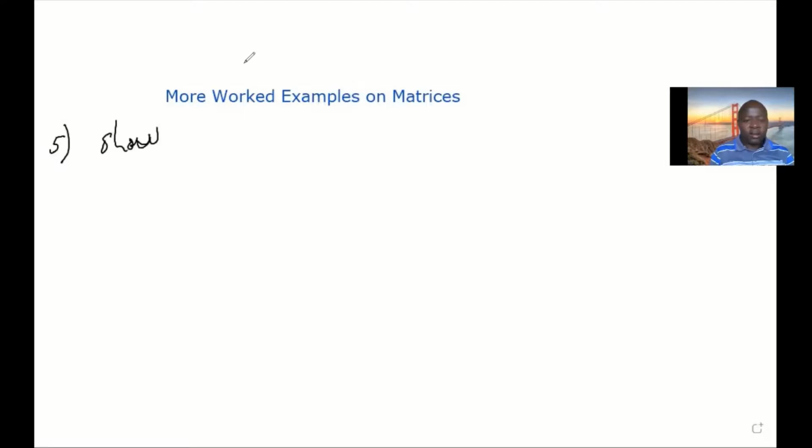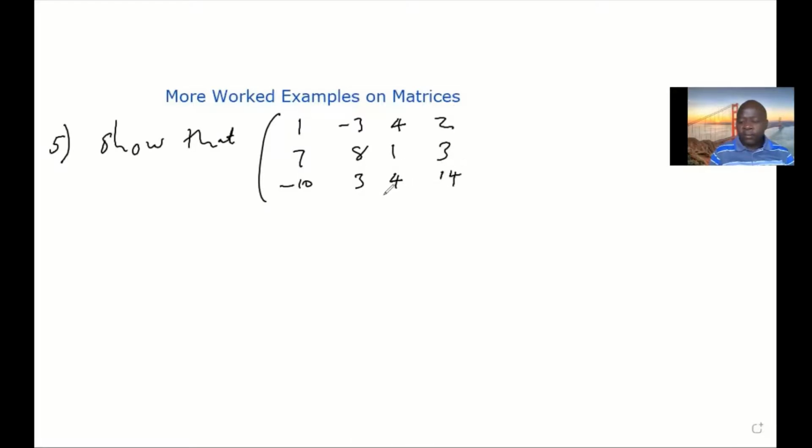Show that this matrix, with rows 1, -3, 4, 2; 7, 8, 1, 3; -10, 3, 4, 14; and 3, -9, 12, 6, is singular. Show that this matrix is singular.